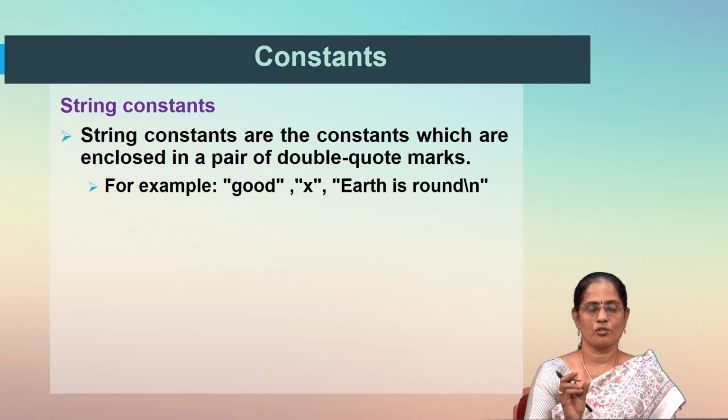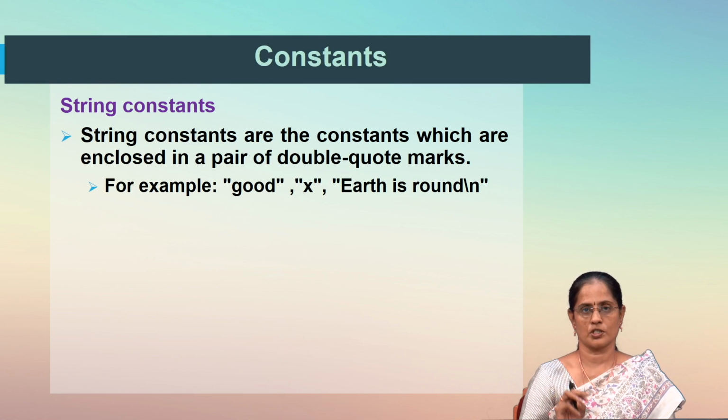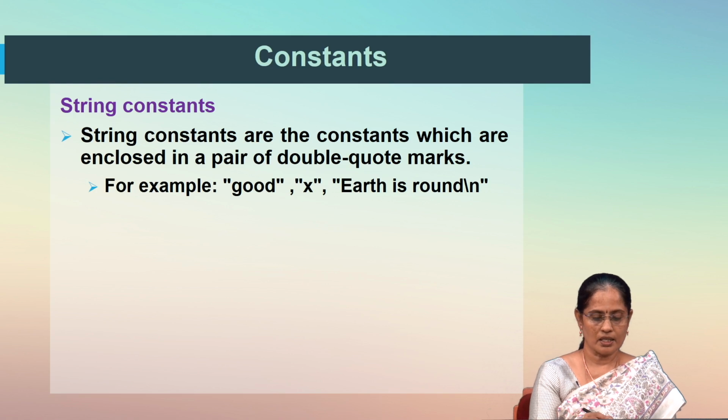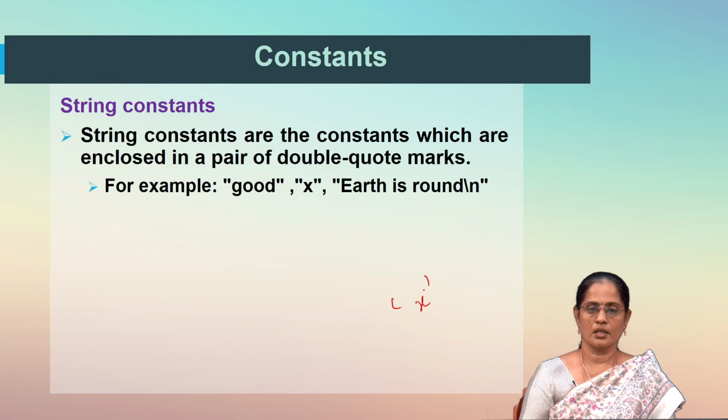And the fourth category is string constants. One interesting thing with the C language is that a single character is represented using single quotes and a string is represented using double quotes. Even if you are going to represent a single character, if it is enclosed within double quotes, then it is considered to be a string constant. Say for instance, as given in the example, if you enclose it within single quotes, it is a character constant.